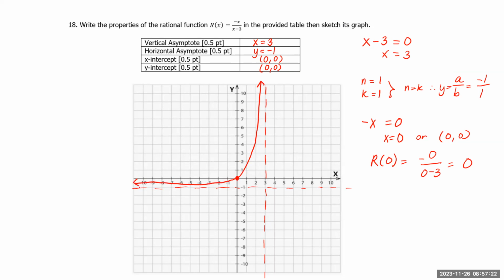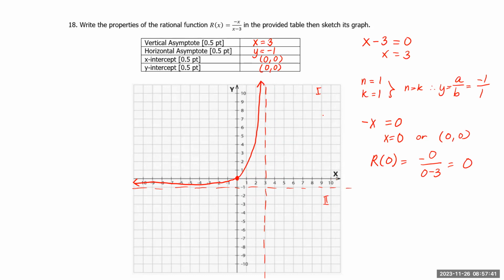How about the region to the right of your vertical asymptote? So, we have here two regions. It's either this one or this one. Where should we place our graph?